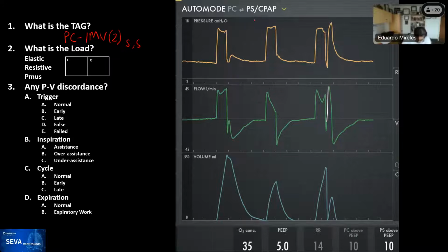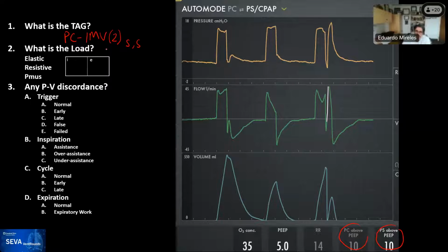And so the spontaneous and the mandatory breaths are like this. Comments, Rob, on this? No, that's good. Just that it's S because pressure control is S, and the second S, the spontaneous breath, is S because pressure support is set point targeting, both set point targeting.